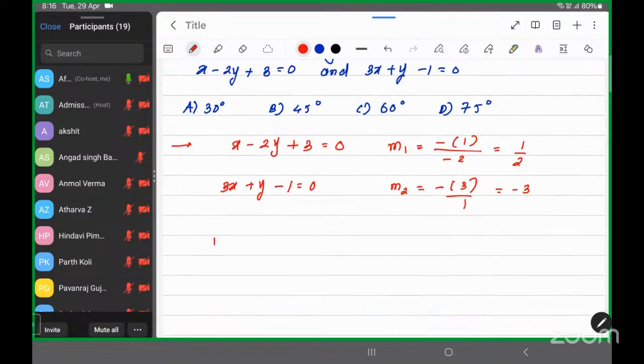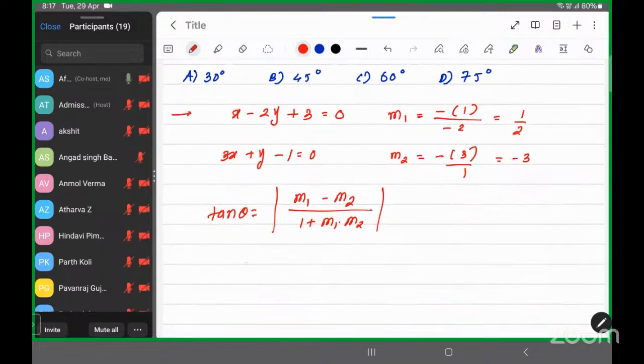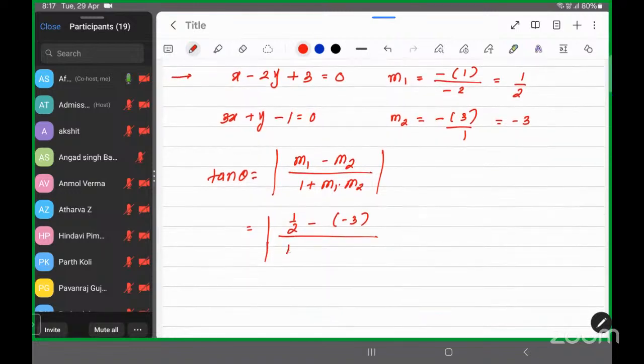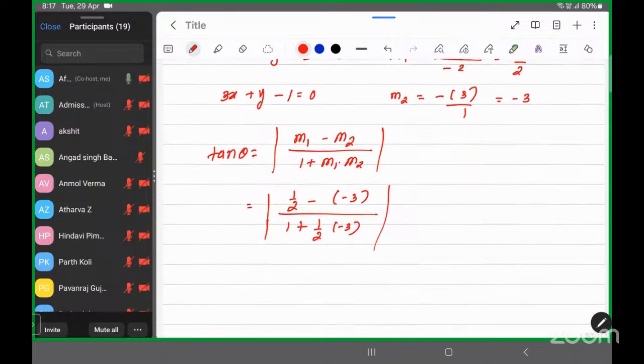Now I have the slopes. Then we use the formula for tan theta, the angle between the lines. What is the formula? (M1 minus M2) upon (1 plus M1 M2). We substitute the values: M1 is 1 by 2 minus M2, which is minus 3, upon 1 plus 1 by 2 into minus 3.